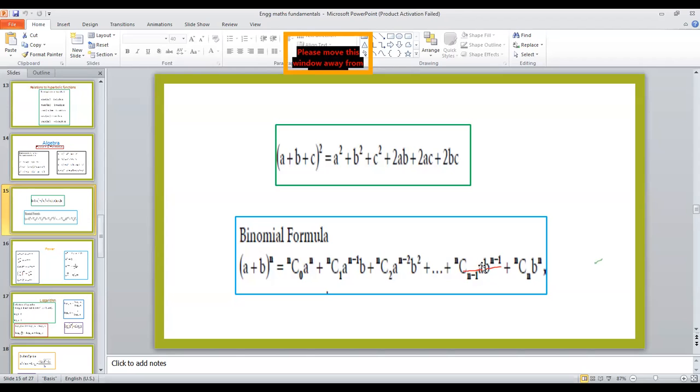Decrease by 1 means a raised to 1 minus 1, that is a raised to 0 असणार. And a raised to 0 काय असतो? 1 असतो. Correct? Okay. At the same time, the index of the second term will increase by 1, means plus 1. म्हणजेच b raised to n minus 1 plus 1, that is b raised to n असणार. लक्षात आलं? मग this is what? The binomial expansion. Okay. This is the binomial expansion.